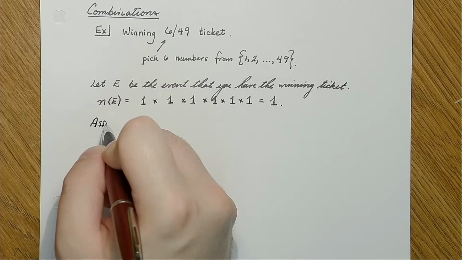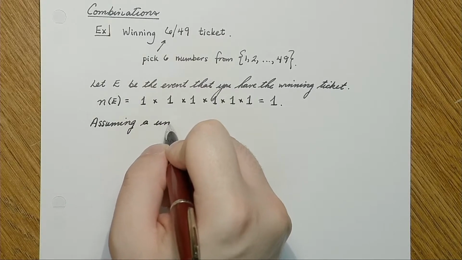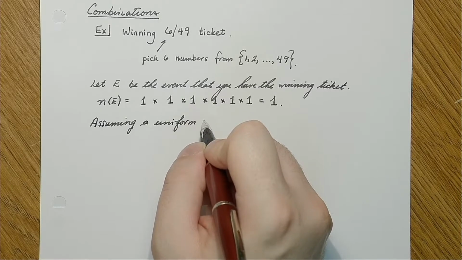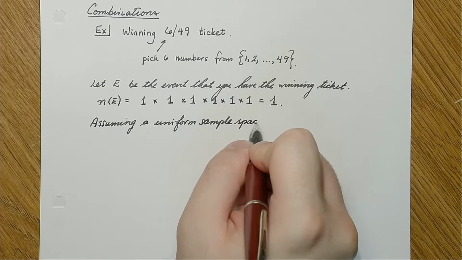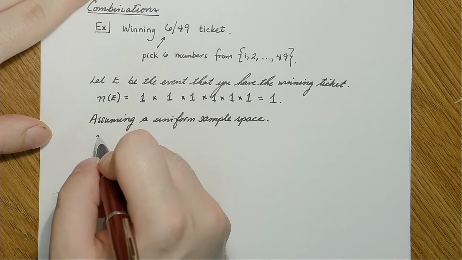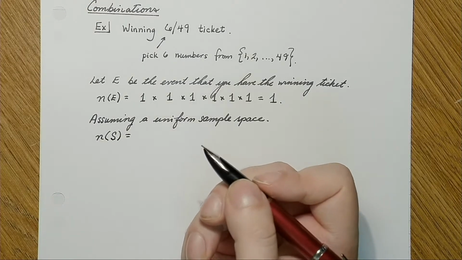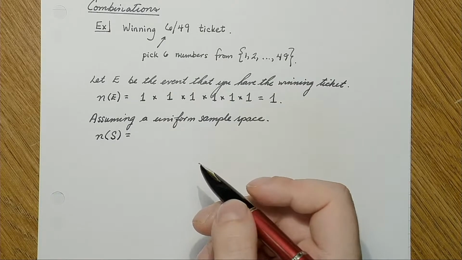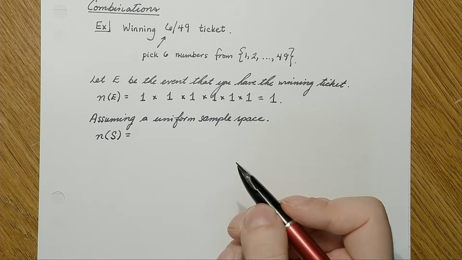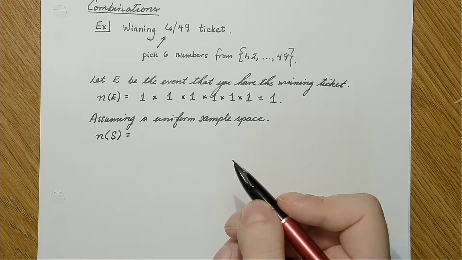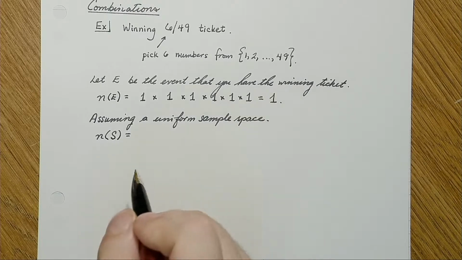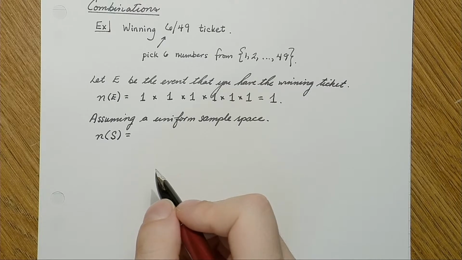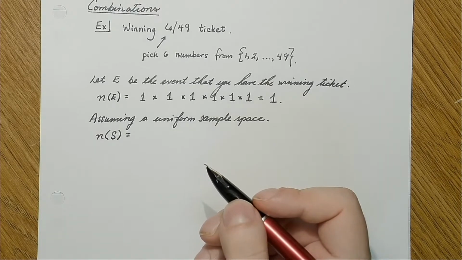So again, assuming a uniform sample space, how many possible tickets are there then? Okay, so there's 49.